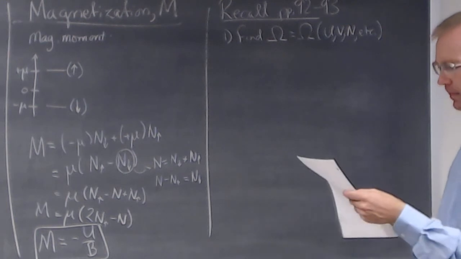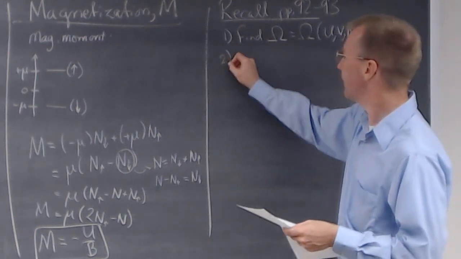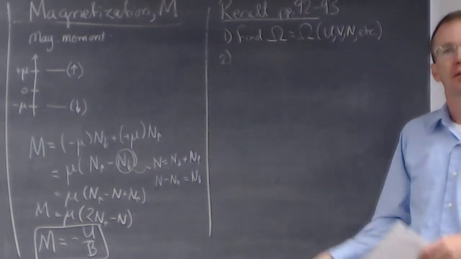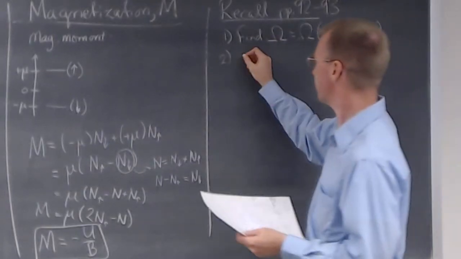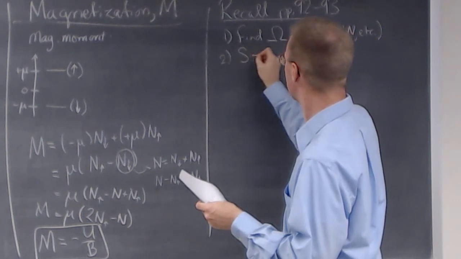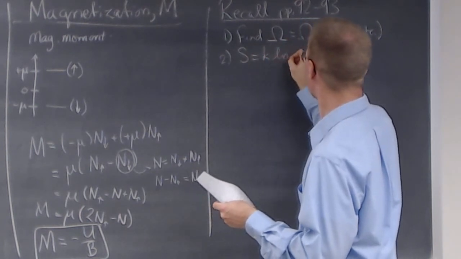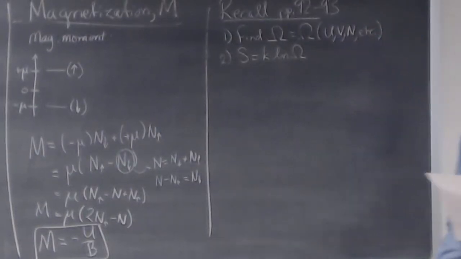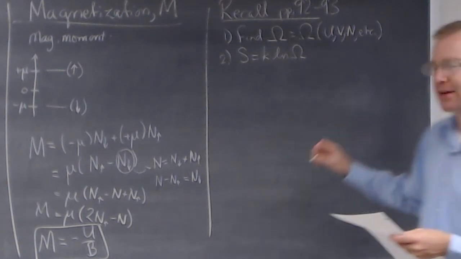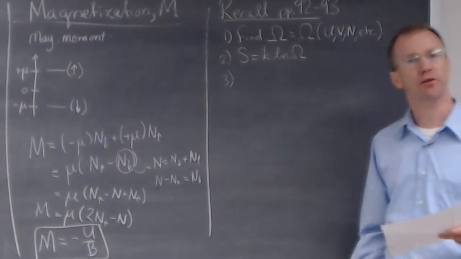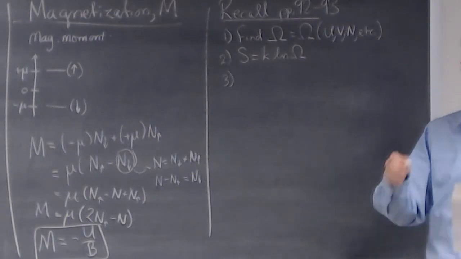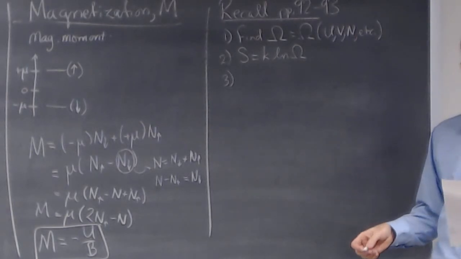We won't have a volume. Okay, so once you've found the formula for the multiplicity, then take the natural log times K, you'll have the entropy. Once you've got the entropy, take the derivative with respect to the energy, holding the other things constant, and you'll find the temperature.